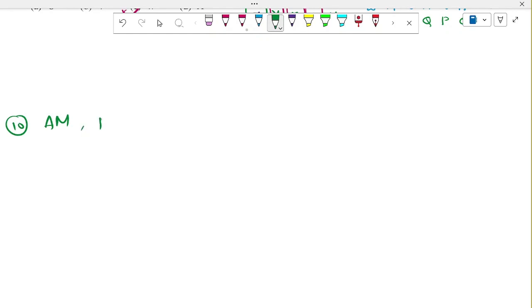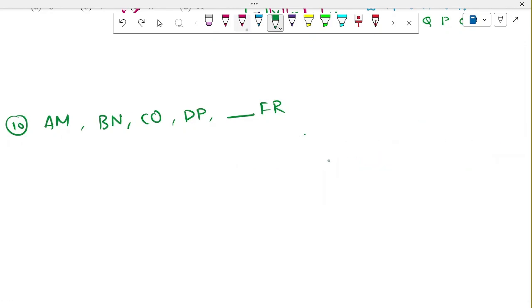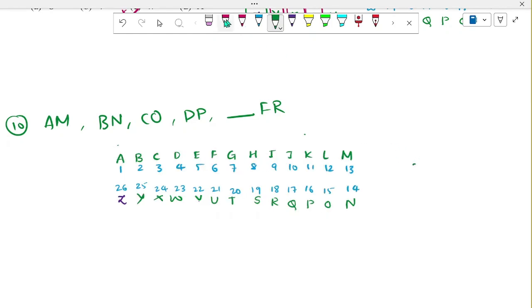AM, BN, CO, DP, dash, FR. You may have questions of this type also. Just try to observe and tell me what is the possible answer for this question.